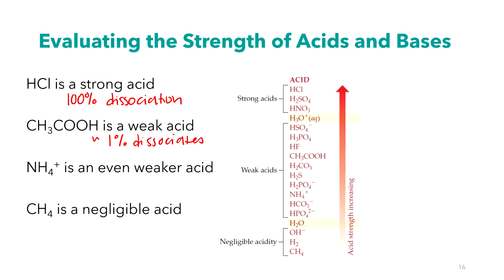That's an even weaker acid. But it still dissociates a little bit, so maybe like 0.01% dissociates. And then I get all the way down to methane, so CH4. I put that into water, 0 CH4s give up a proton. It's not chemically stable for that to happen, so 0 dissociation.